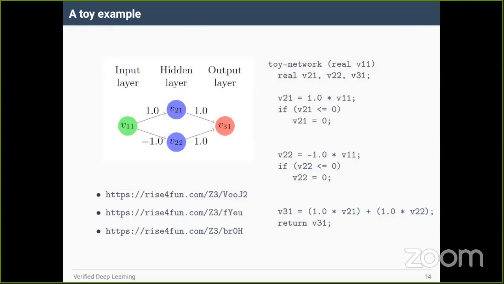In this code, it is just a program that manipulates real numbers. It's implementing some function. Now, when you treat it that way, of course, you could prove some real function properties.